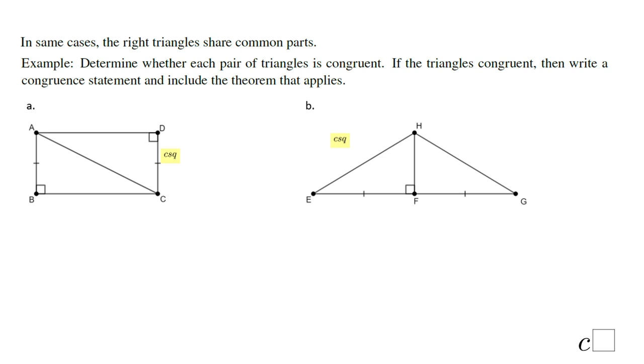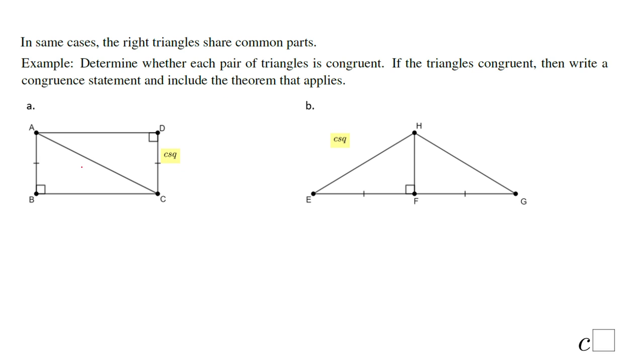In some cases, the right triangles share common parts, like in these two examples I have here, A and B. Let's see if these triangles are congruent. Obviously we can see there are only two triangles in each picture, very similar with the previous problem.